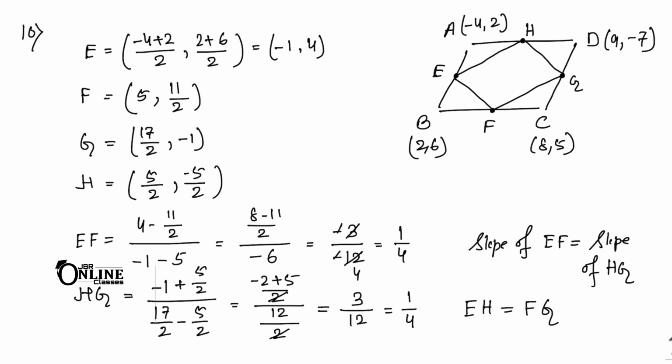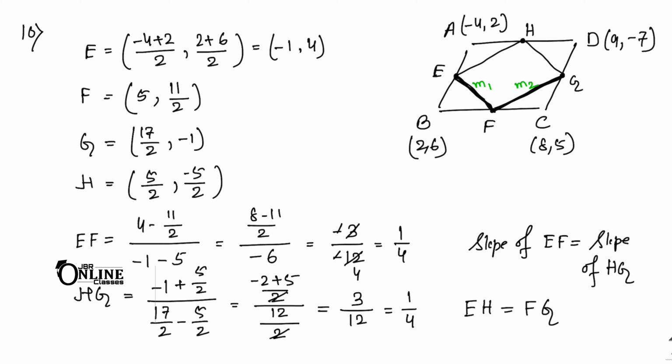Now you have to find out the slope of two adjacent sides, that means EF and FG. As EF and FG are adjacent sides of a parallelogram, that means they are not perpendicular to each other. Clear? So suppose the slope of EF equal to m1, and slope of FG equal to m2.